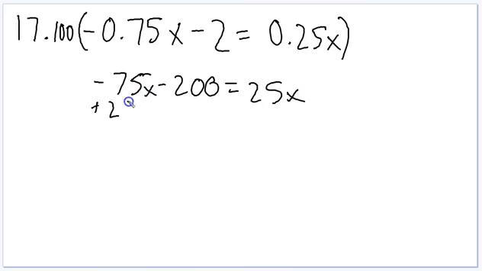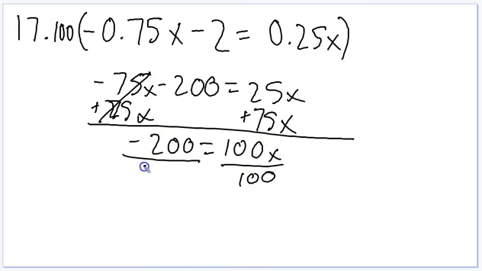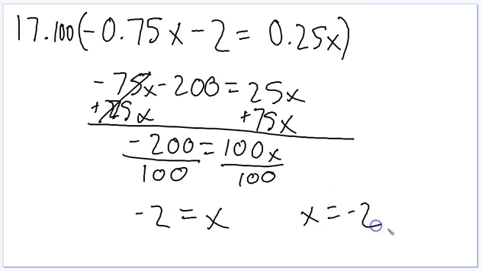So I'm going to add 75x to both sides. Cross that out. I get negative 200 equals 100x. Divide both sides by 100. And I get negative 2 equals x, or x equals negative 2.